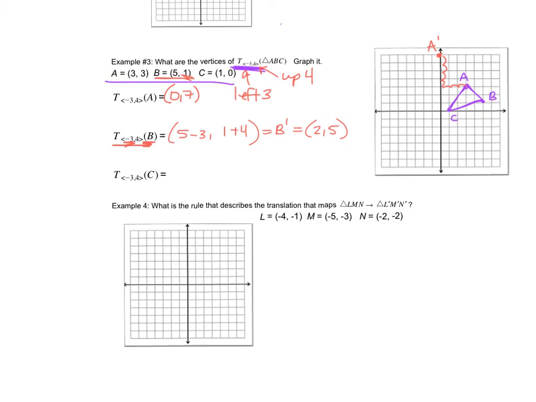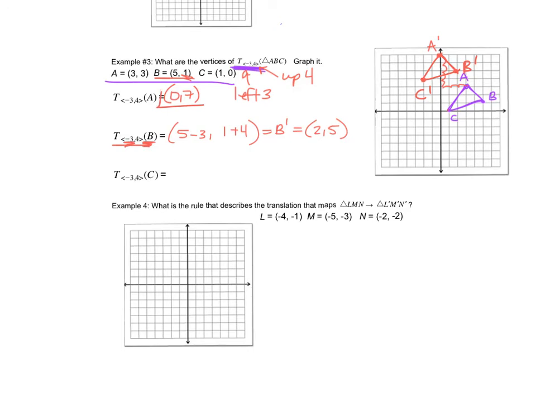Either way, you're going to end up, if I go, let's see, 3 to the left, 1, 2, 3, 1, 2, 3, 4. Here's my B prime. And then for C, 3 to the left, 1, 2, 3, 4 up. Here's my C prime. You should end up with those 3 points as your image. Okay, your pre-image is the purple, your image is the red. We want to know where did you end up.